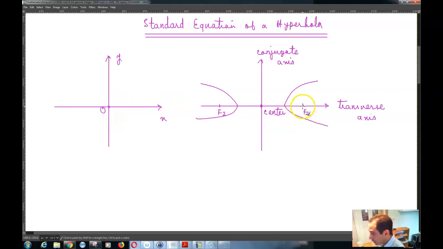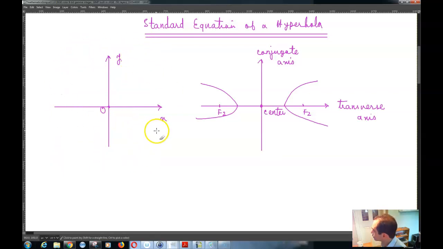and the foci are along either the x-axis or the y-axis, meaning that the hyperbola is in this exact orientation, or if you take this hyperbola, put its center over here and rotate it 90 degrees counterclockwise, then one part of the hyperbola would be up here, and one part would be down here.